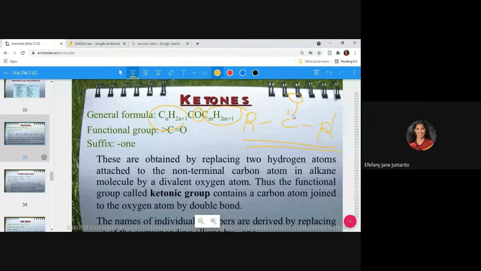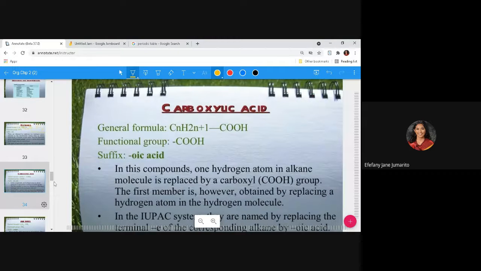R, double bond O, and then we have R. Okay, so this one is your ketonic group. Thus, the functional group is called ketonic. It contains a carbon atom joined to an oxygen atom by a double bond. Okay, so we have that one.